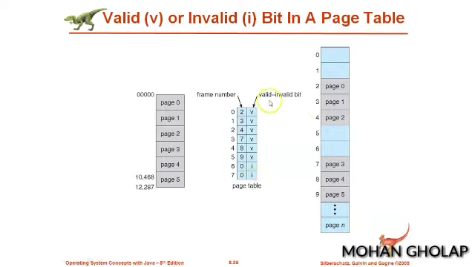You can see only the valid pages are in the physical memory and the invalid ones are not there. Page 0 to page 5 are valid, so only page 0 to page 5 are in the physical memory, and the others are not present because they are not in the logical memory space of that particular process.